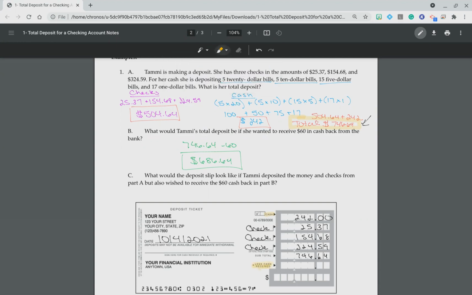Now notice here it says less cash received. Well, we were told that Tammy wanted to keep $60. So my total deposit is going to be that number that we found, $686.64. All right. Now there's one more thing we have to do before we can deposit.